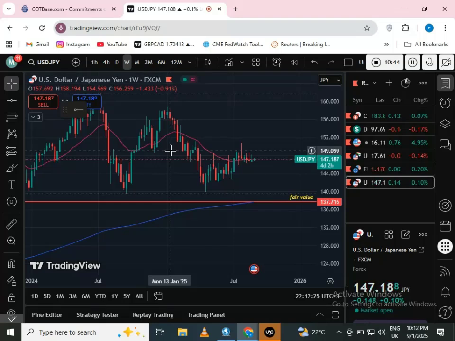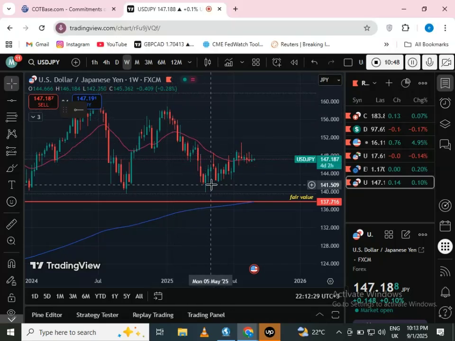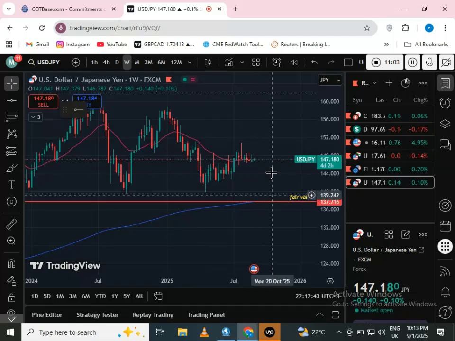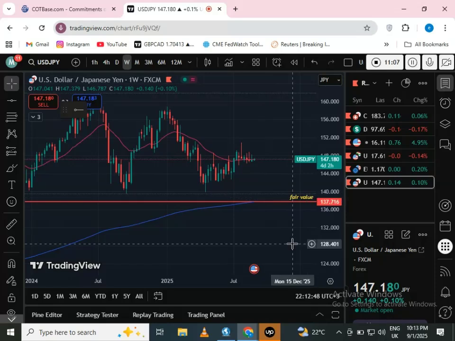Through the beginning of 2025 this was a short, a bearish trend, and it continues being a bearish trend. Right now the market is doing a retracement, and it will continue going down until it reaches this fair value here, as I've said in this video. Seeing things like that, guys.